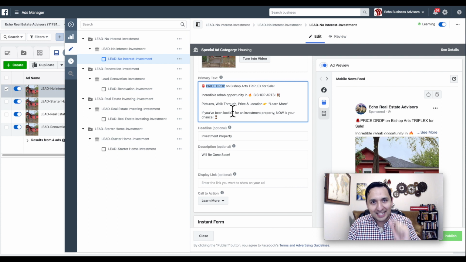People like getting deals. So the fact that they see a price drop in a very attractive area with a triplex, which in this particular area, the ARV on these properties is insane. But anyway, we have a price drop, very good in your ad copy.